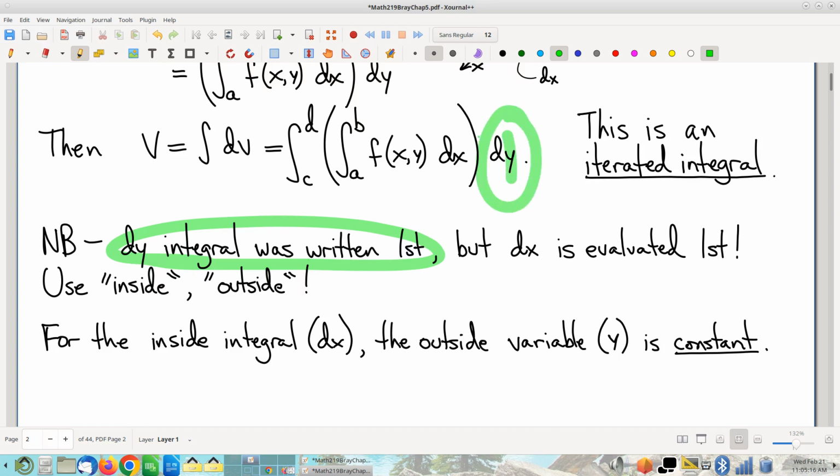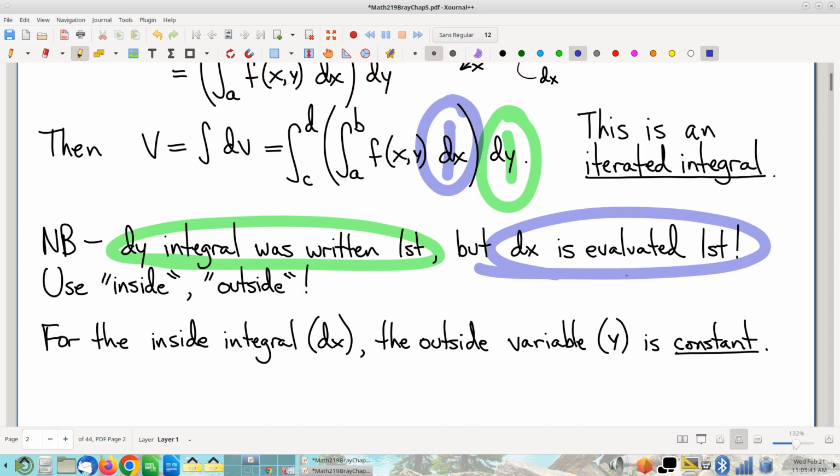The big picture was that the volume is the sum of the slices of bread, and so the dy integral. But when you come to computing this expression, I can't start by computing the dy integral because I don't even know its integrand yet. The integrand is the dx integral, so you have to evaluate the dx integral first.